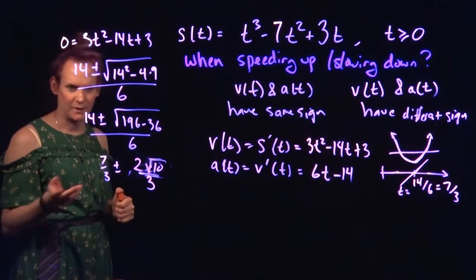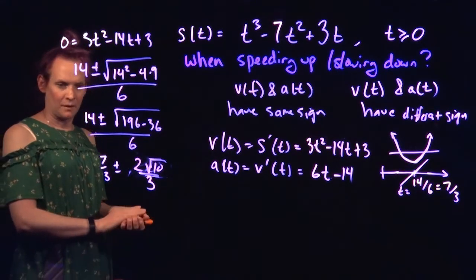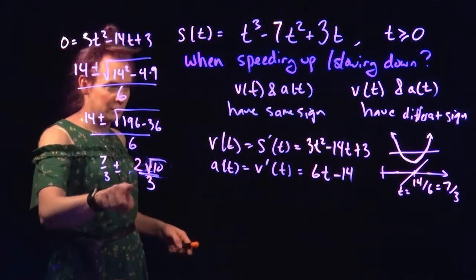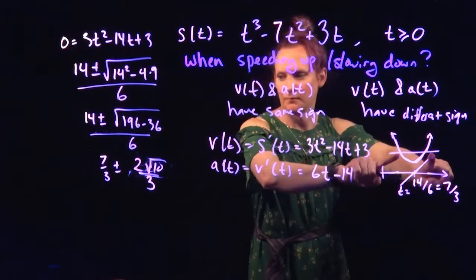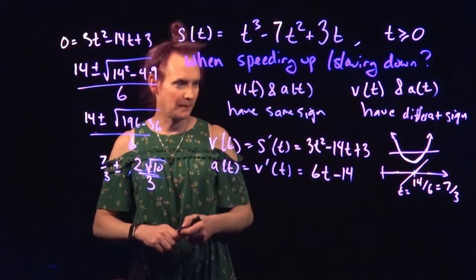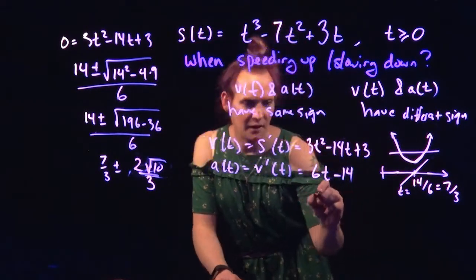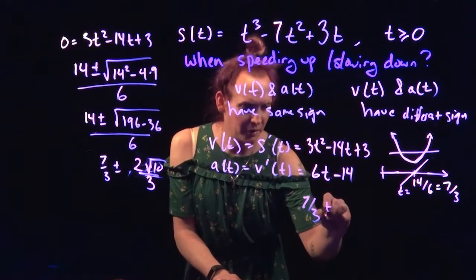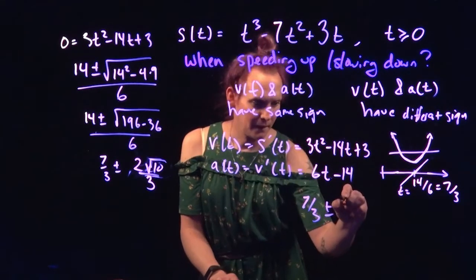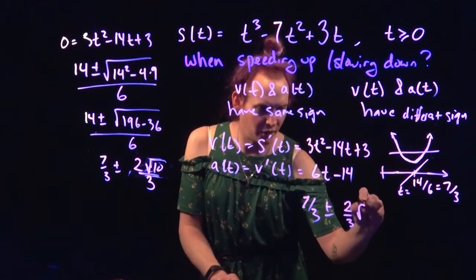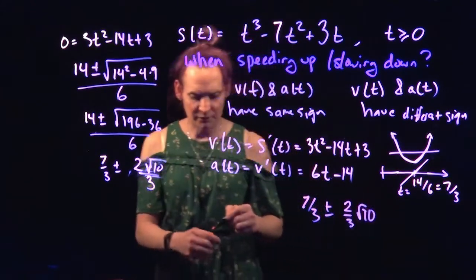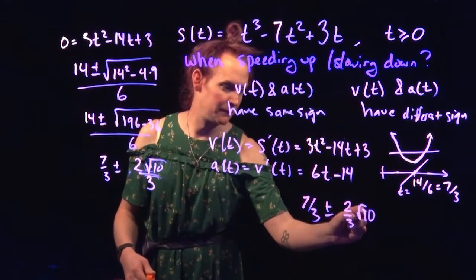Ooh, that is so nice. Okay. So those are these two values here. I better transcribe that over here. So we have 7/3 plus or minus 2/3 of the square root of 10.